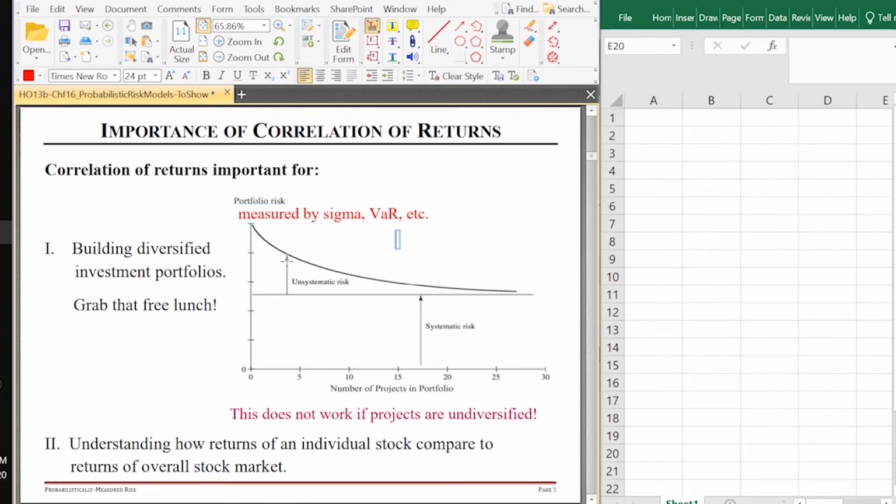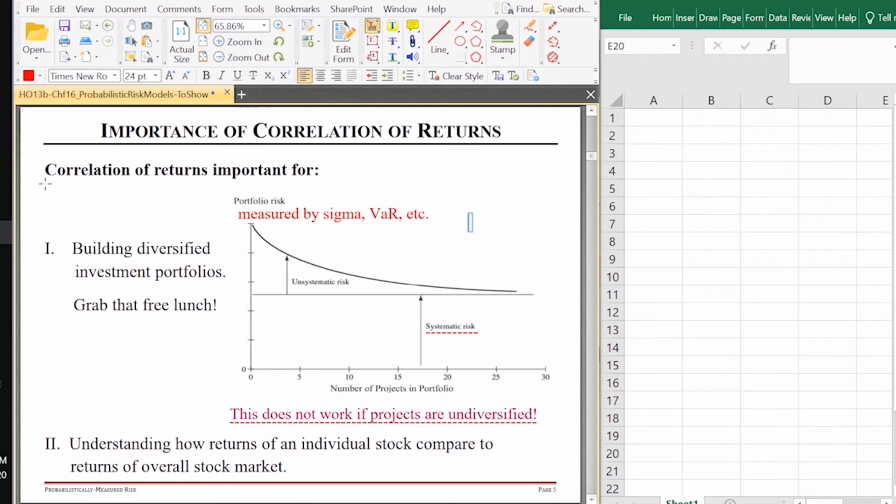What we see is that as we add more eggs to our investing basket, our risk, measured by standard deviation, VAR, whatever we want, does come down. We can't reduce it completely, right? Because if there's a huge macroeconomic shock or something, that's going to hit all assets, but we can reduce it a lot. And the key thing to remember here is this does not work if our projects are undiversified.